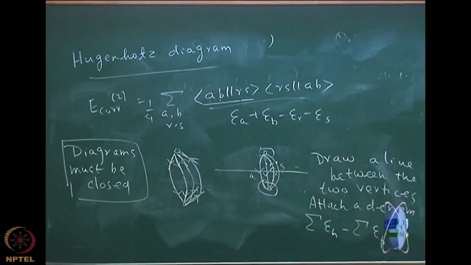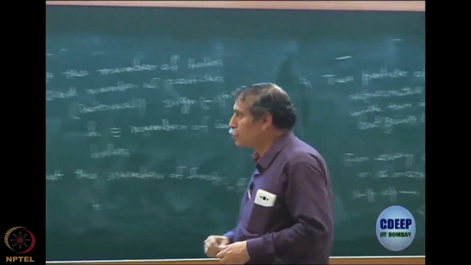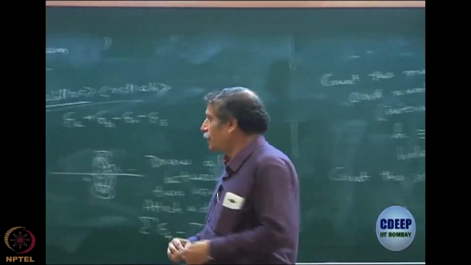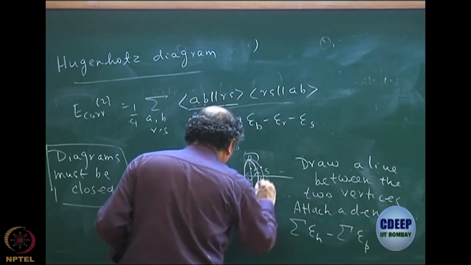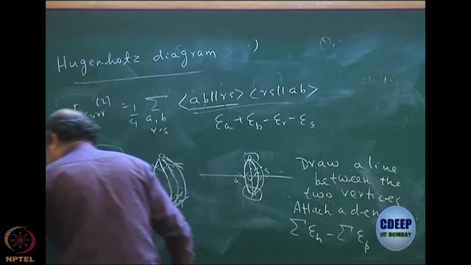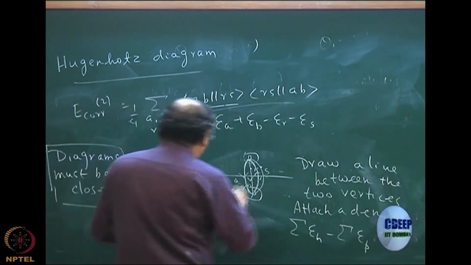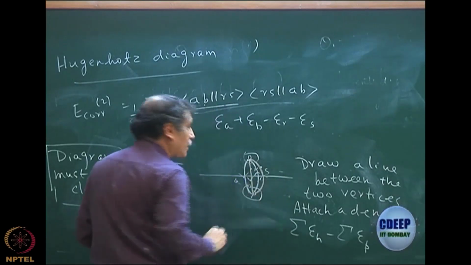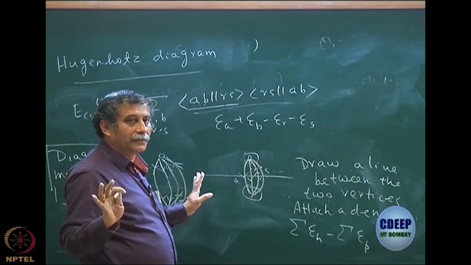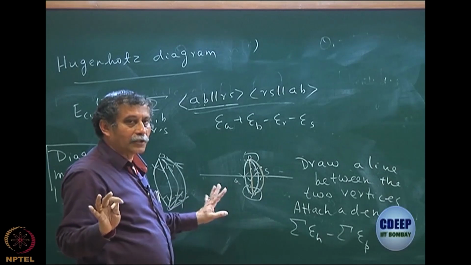So how many such loops are present? 2. You go from here and come back here, so that's one, that's over. And then you go from here and come back here. I have traversed all the 4 lines, so there is no other loop.